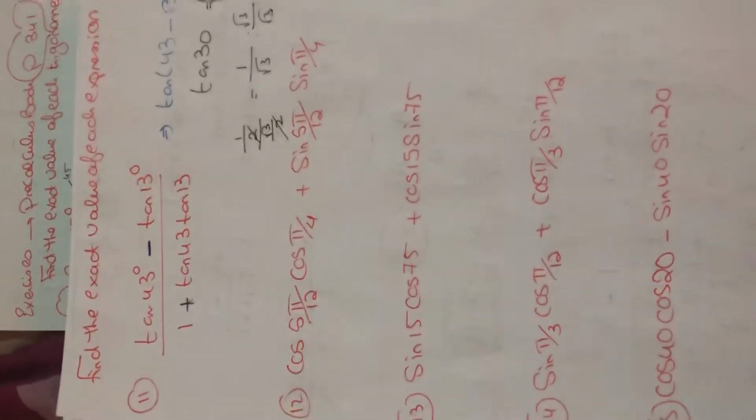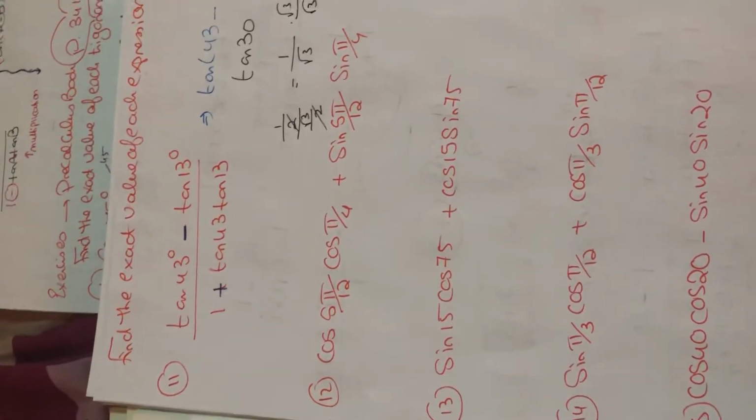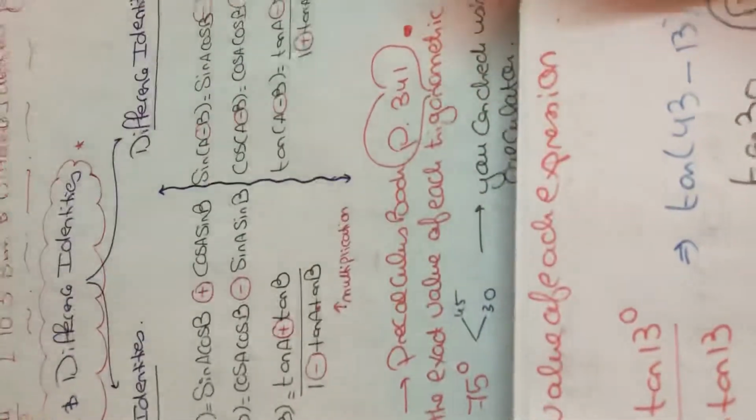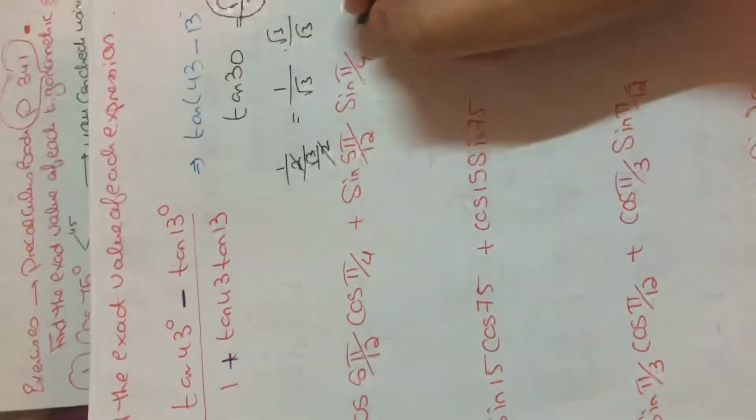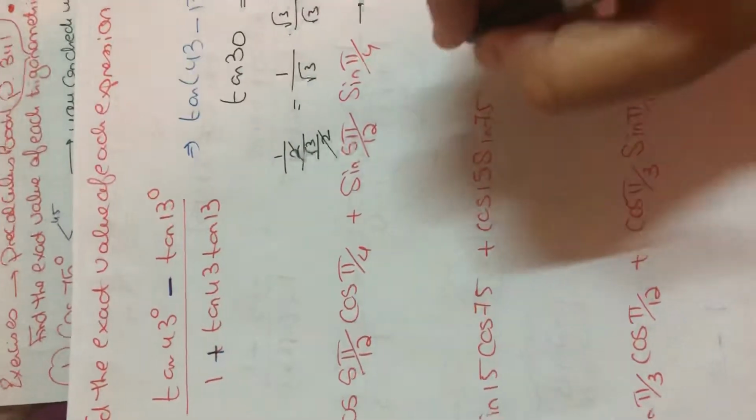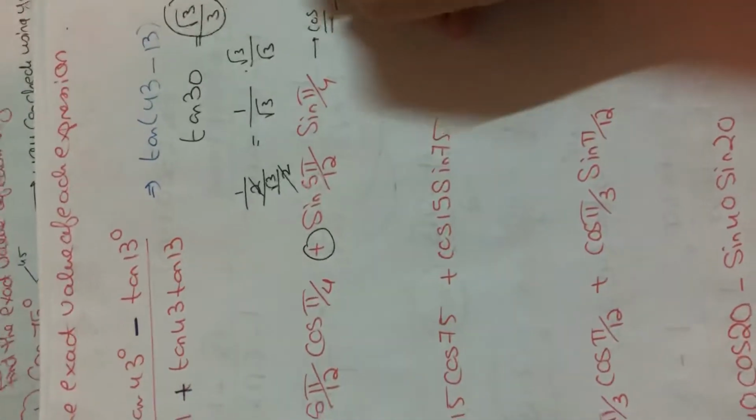Question number 12. Which identity is this? It's something that has cosine, cosine, sine, sine. Who does cosine, cosine, sine, sine? The cosine difference and sum identities. And in the cosine, we change the sign. So I knew it's a cosine, and from the plus, I knew it's a minus.